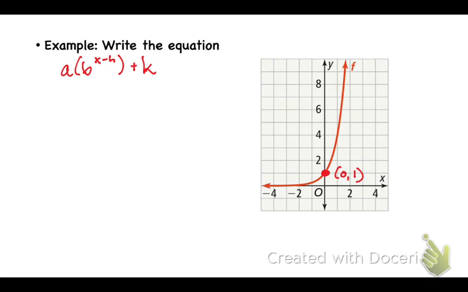So this is h and this is k. How do we figure out what b is? Okay, well, we have to find a good point. Right here? Looks like 1, 4, you mean? Yeah. Right here? And we're going to plug it in.